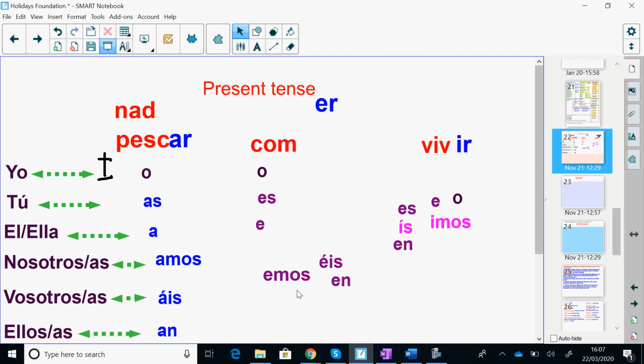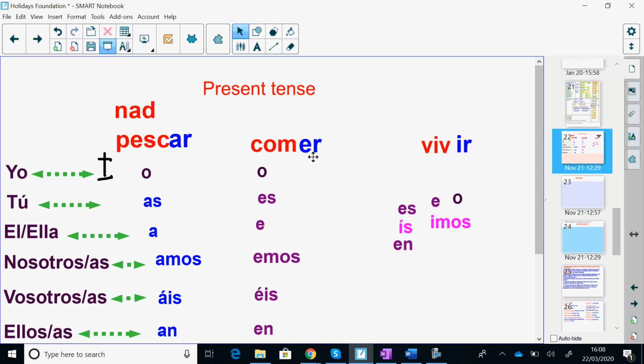What about we? Absolutely, comemos. What about you, plural? You've got two options now. Look at the pattern. Coméis. And what about they? Comen. That's it. So any verbs like comer would be exactly like this.